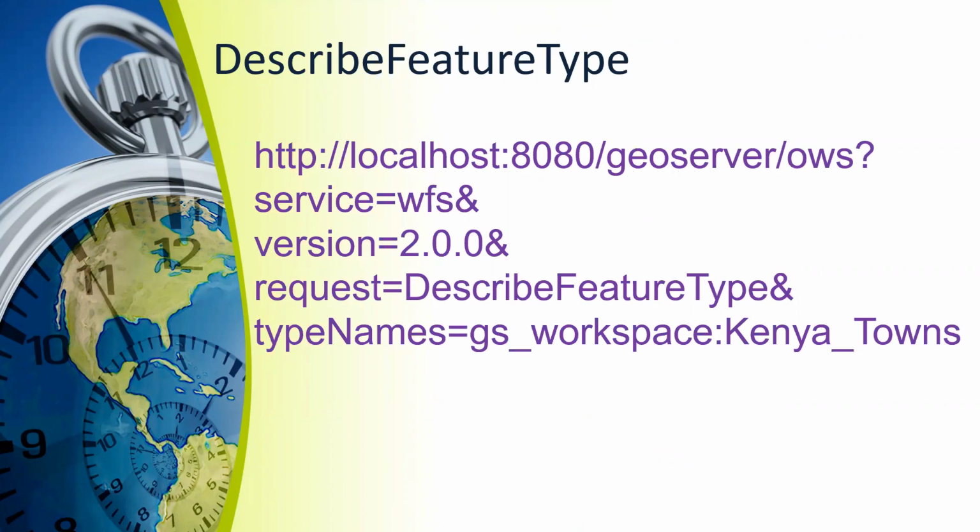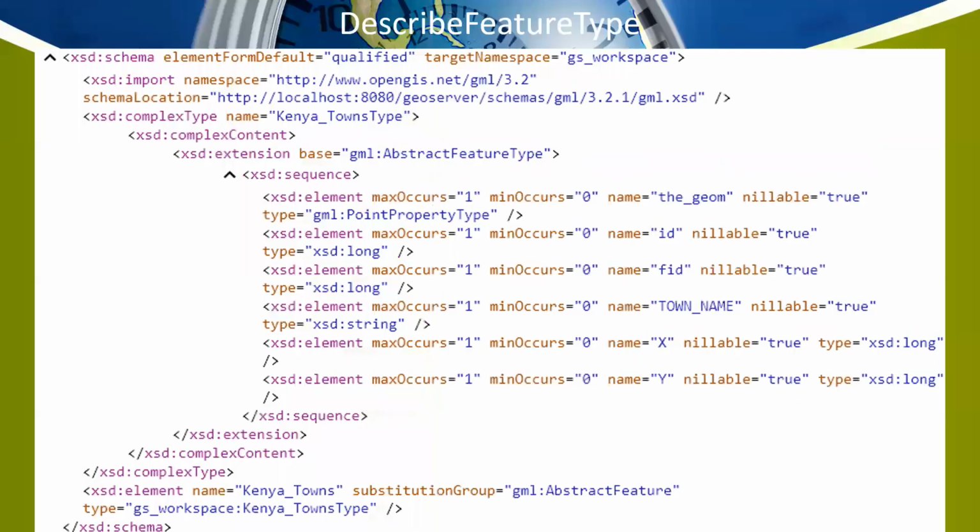In this case, the request is described feature type. And in this, there's something else called type names, where the type name is the name of the layer, and in this case we have workspace Kenya towns. So let's see how it looks. I believe it is also in the downloaded text from the shared folder. So this is what it gives as an output.